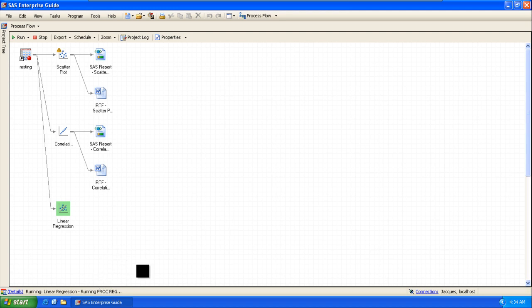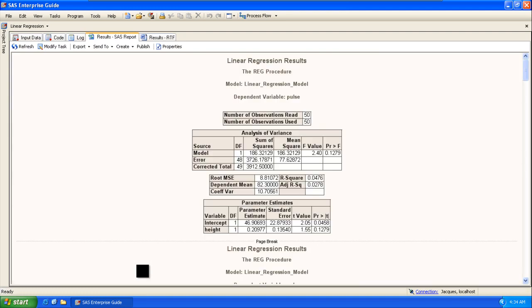See the status bar at the bottom. Running linear regression. Now we get the analysis of variance and also the p-values. The p-value here is 0.127, and the parameter is 0.27.